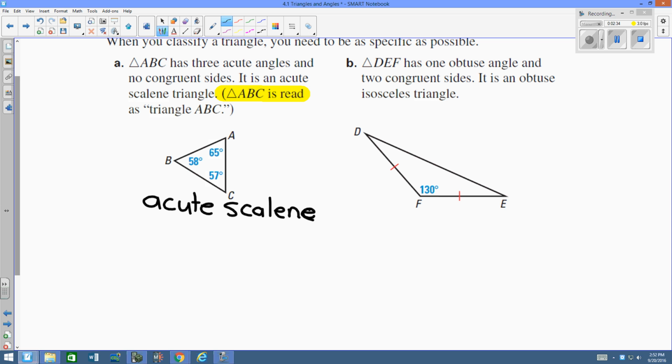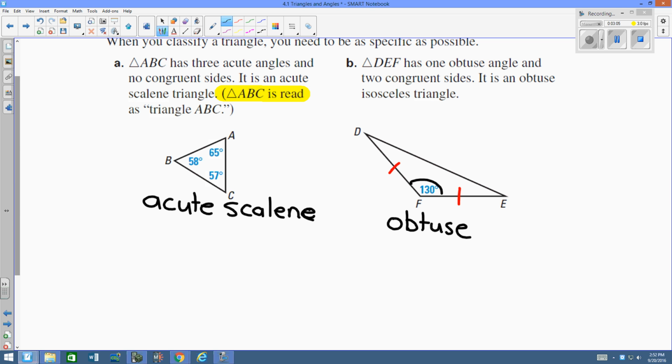There we go. How about for triangle DEF? Right away I see that one of the angles is more than 90, so I know right off the bat that this is going to be obtuse. And then I also see that it has congruence marks here and here, showing that 2 sides are the same.